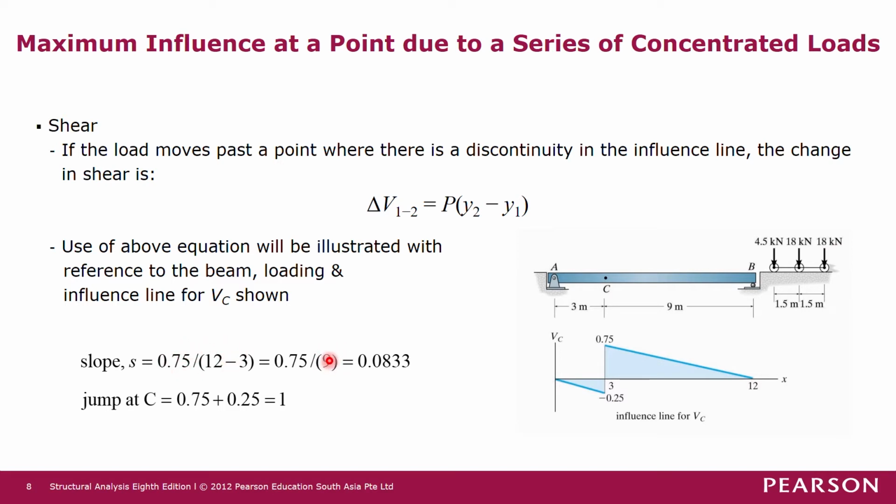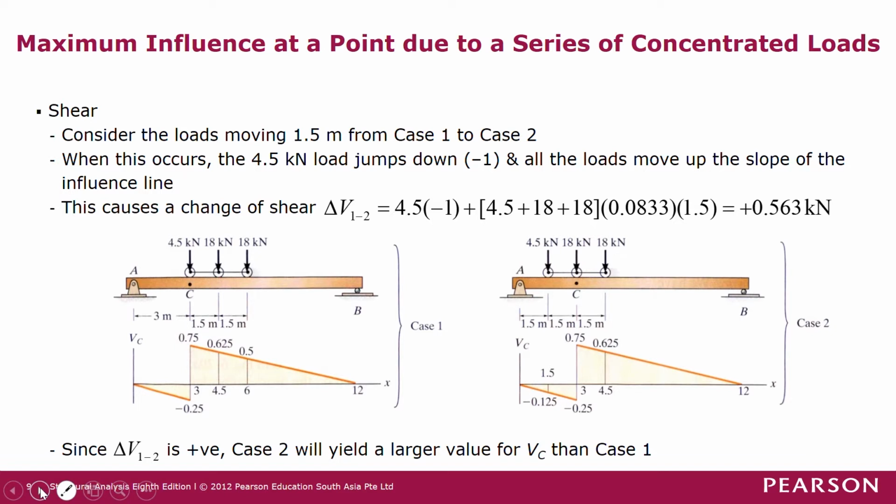And then the jump at C, technically speaking, should be minus 1. The magnitude is 1, but in this case it jumps down, so technically we just take it as minus 1, although the magnitude clockwise is 1.